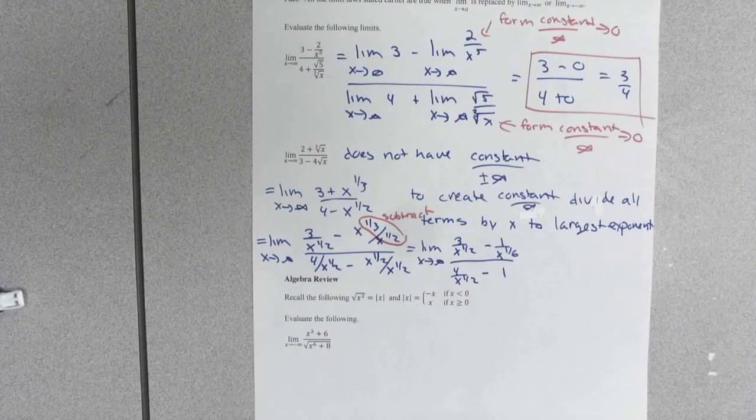The 1 is going to stay the 1, and everything else is going to go to 0 because everything else is constant over infinity.